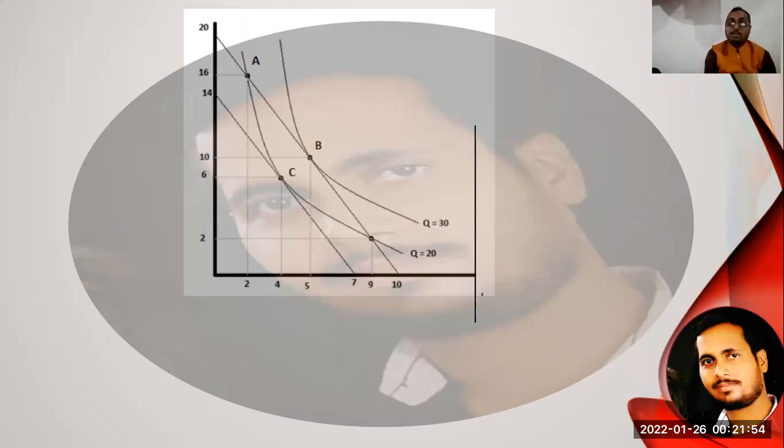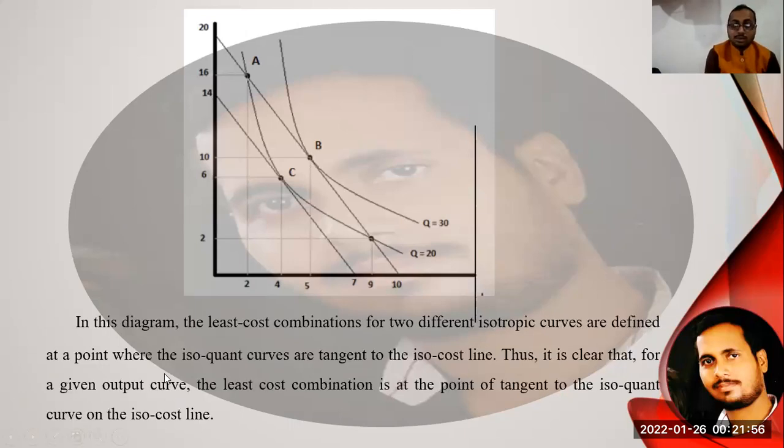Hence, students, it is explained in this diagram that the least cost combination for two different IsoCost curves is defined as the point where the IsoQuant curve is tangent to the IsoCost line. Thus, it is clear that for a given output curve and a given IsoCost curve, the least cost combination is at the point of tangency of the IsoQuant curve on the IsoCost line.